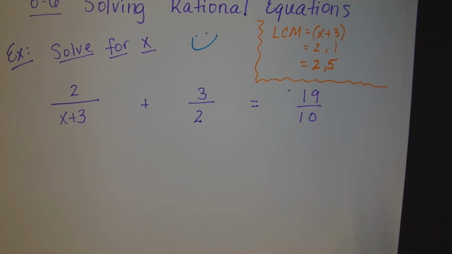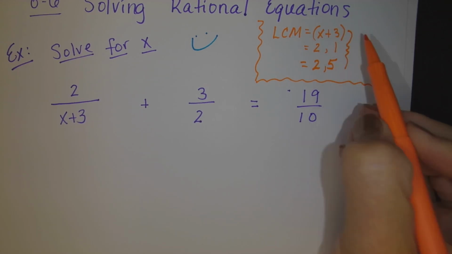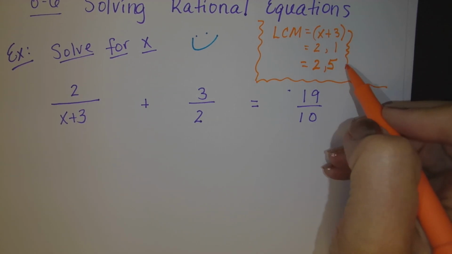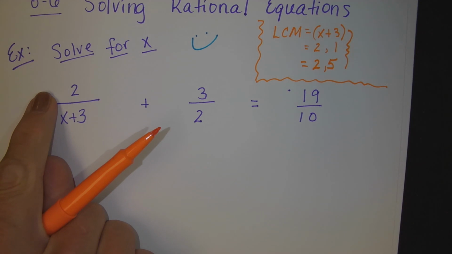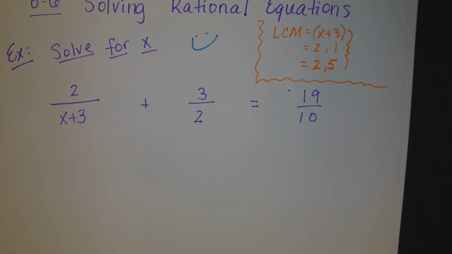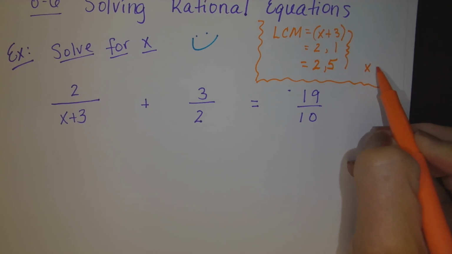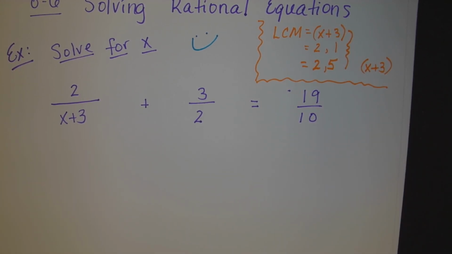All right, so the least common multiple will definitely include x plus 3. Do you see it again anywhere else? No. This is where it gets a little crazy, okay? There's a reason I've left extra room here, and I have different colors. So part of our least common multiple will have x plus 3 in it. I'm going to just write it right there.